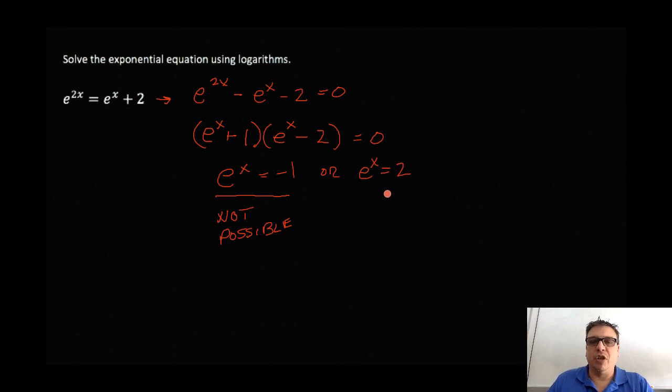Remember, the job of the log is to get the exponent. So x is equal to the natural log of 2. So the only value that will work, using my handy-dandy calculator here, natural log of 2, is approximately, to the nearest hundredth again, 0.69.